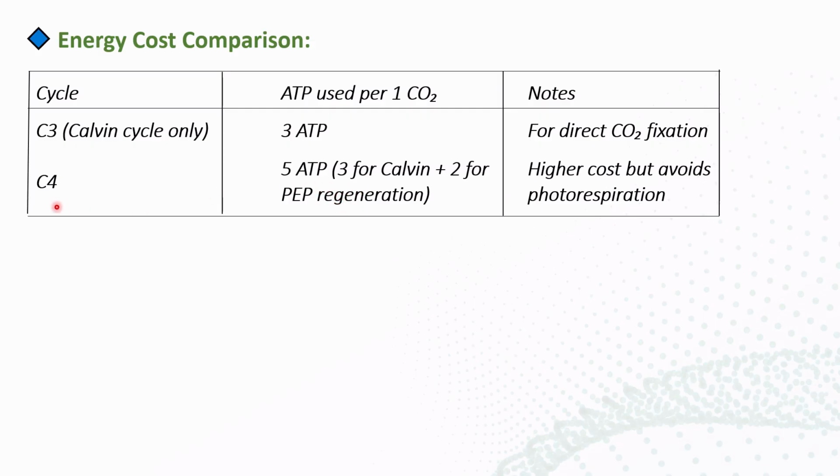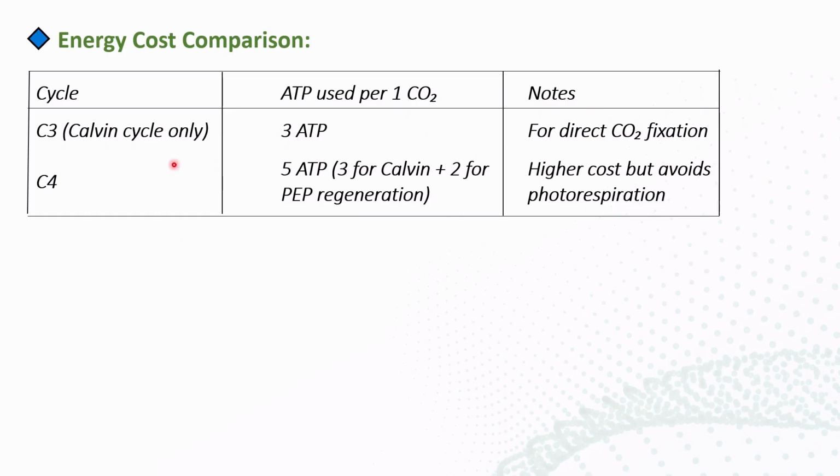Because in C4 plants you can see both the C3 Calvin cycle and the Hatch-Slack pathway, whereas in C3 plants you can only observe the C3 cycle. That's why it needs less energy, whereas the C4 plants need more energy: 3 for the Calvin cycle and 2 for PEP regeneration.